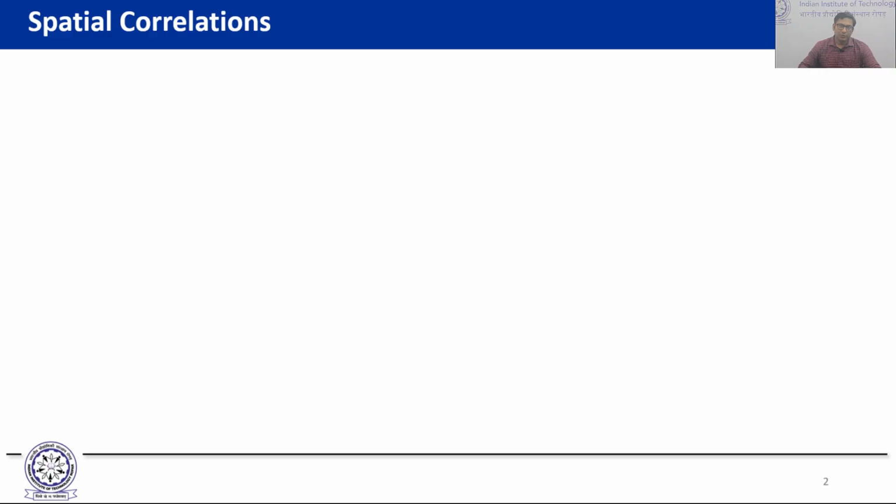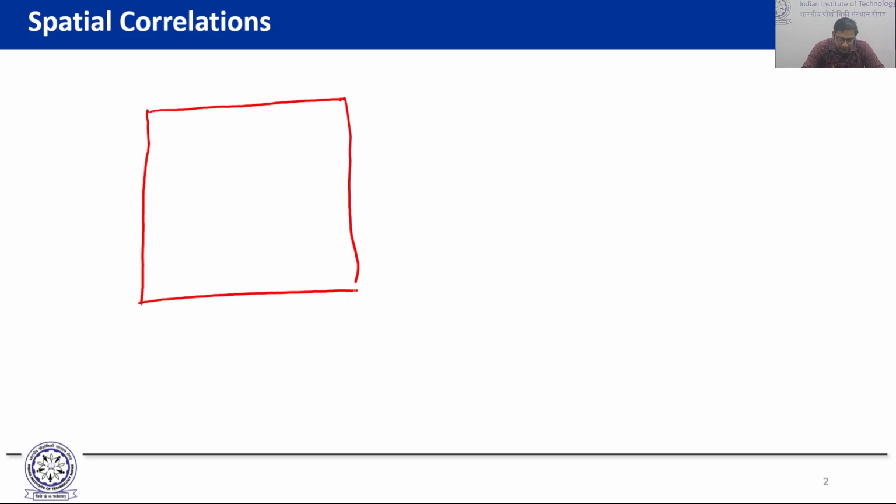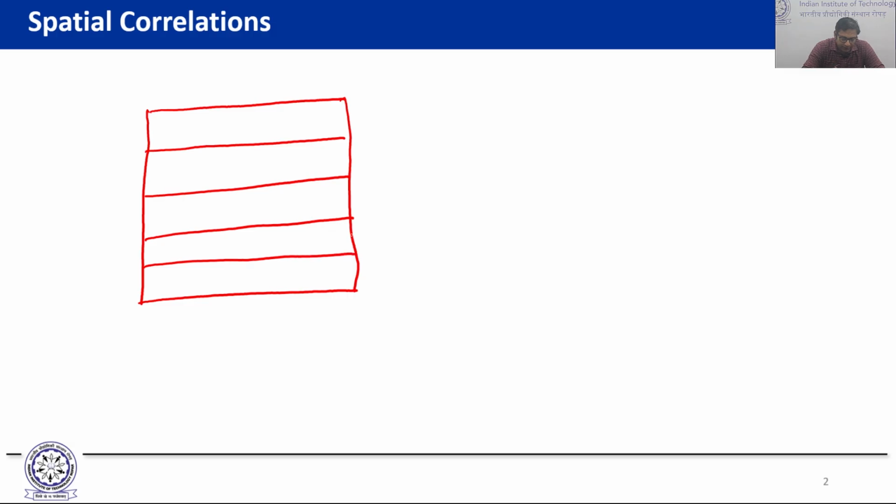So if you look at the microstructure of a material, what we can basically do is we can divide the microstructure, which is effectively an image, into a number of cells. So in case of the digital image, you can think of each of the pixel of that image to be representing a cell.